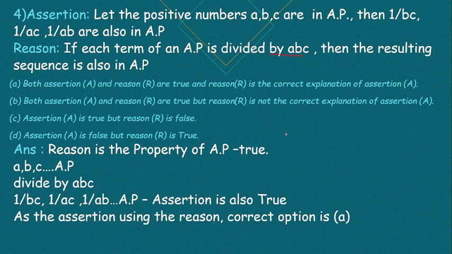So A, B, C divided by ABC. Now you cancel A with A. This is 1 by BC.